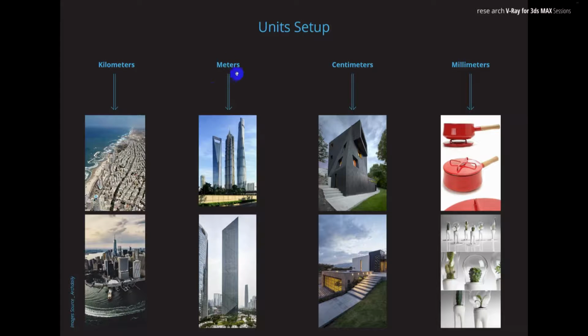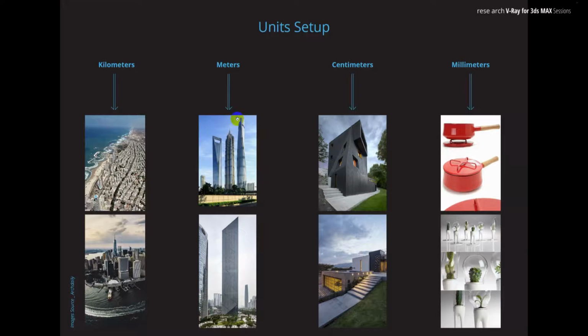In meters you again have quite huge objects, quite a big scene, but you see that compared with kilometers, it's quite detailed, because you are recognizing much more detail in your scene, and you are focusing pretty much only on one or two buildings with some foreground, but it's still quite a big scene.